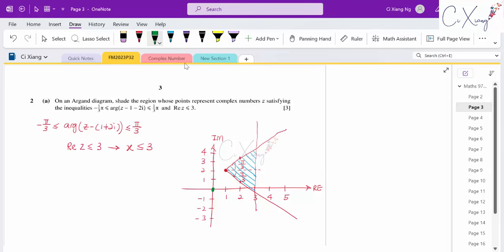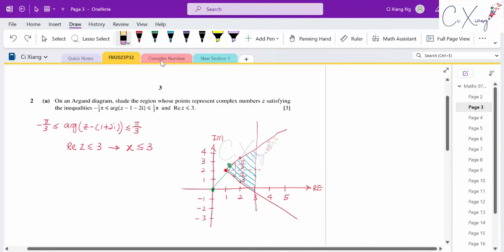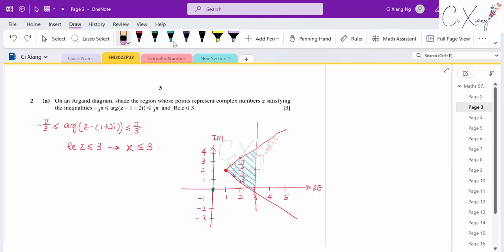If my z is at a higher point, as an example here, you can see that your argument is actually quite large. They are asking for the least, that means the smallest value for argument z. So if I'm looking for the smallest value, I will sketch my z in the shaded area at the lowest point. So the lowest point of z in the area should be this one.